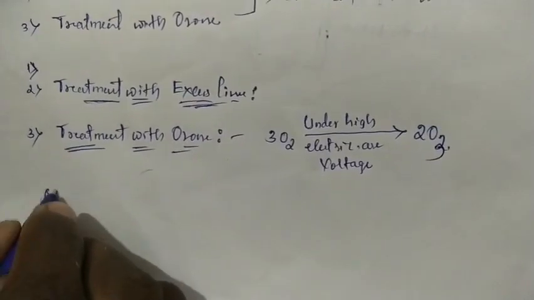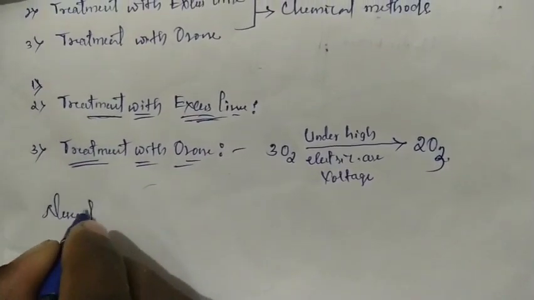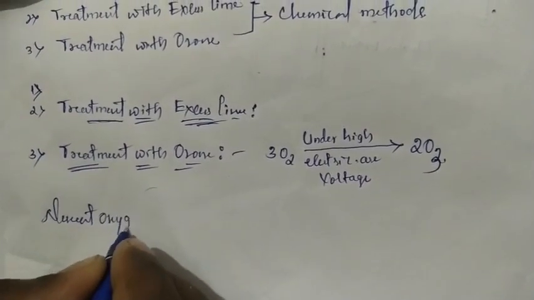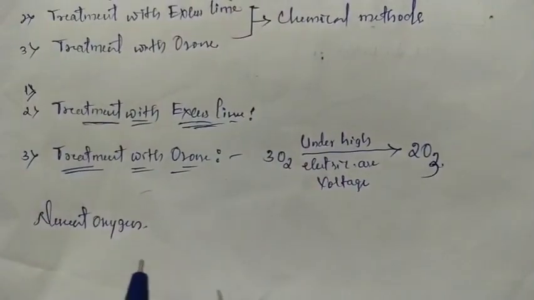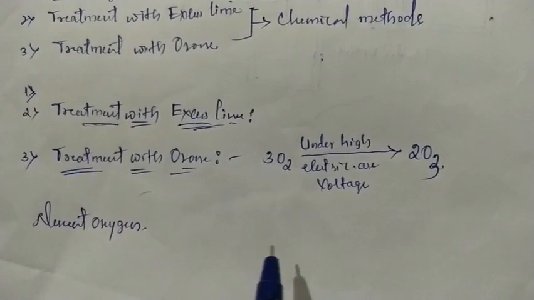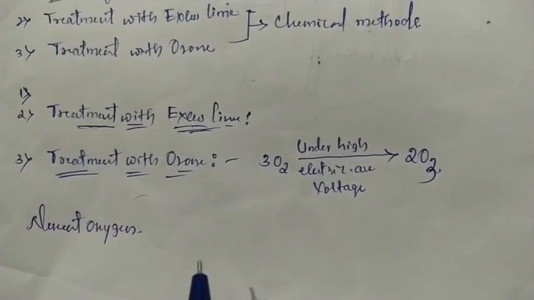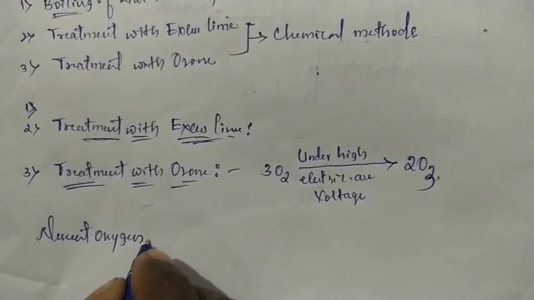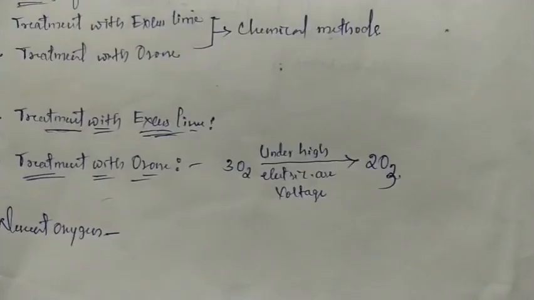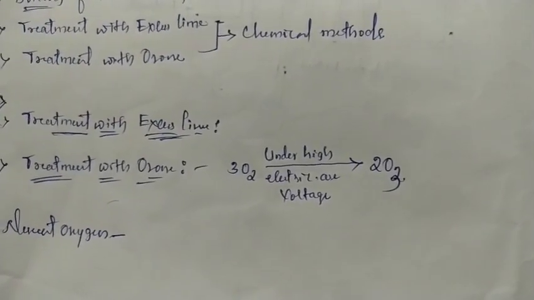The nascent oxygen produced in this system is a powerful oxidizing agent, and it removes the organic matter as well as the bacteria from the water sample. For that reason we call it a disinfectant.